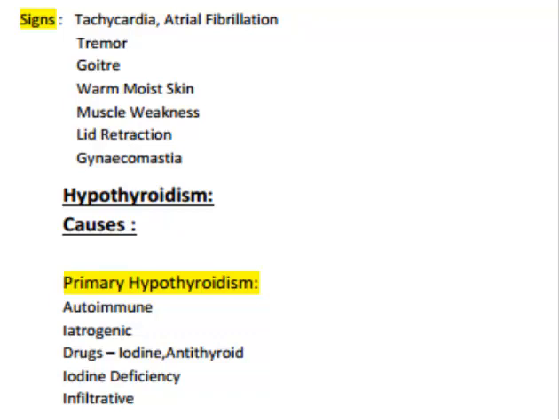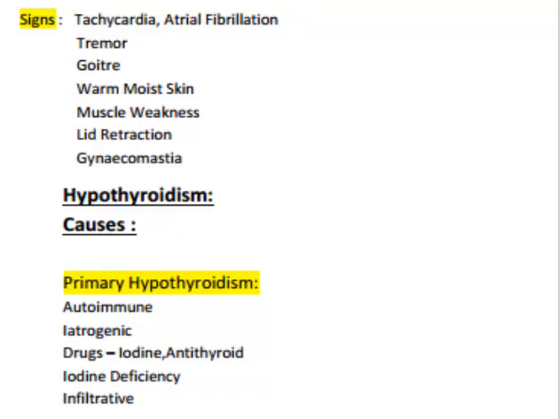Now, how will we evaluate a patient of hyperthyroidism? First, we will measure TSH and unbound or free T4. When there is decreased TSH and increased FT4, it is a clear-cut case of primary hyperthyroidism.